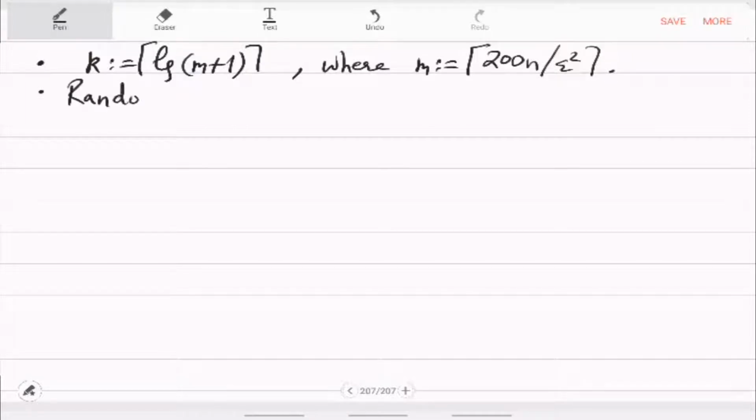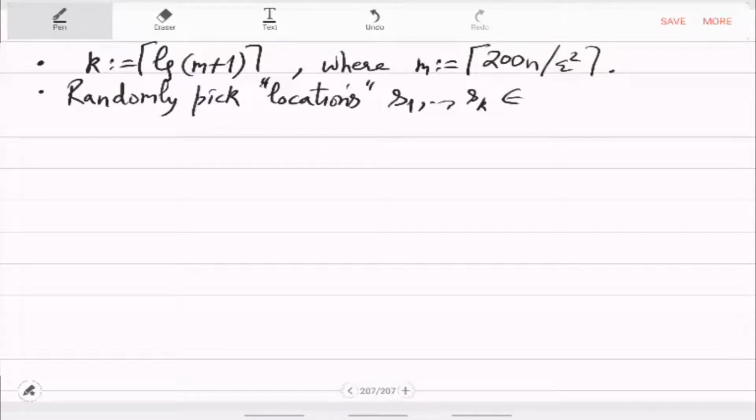So randomly pick points S1 to Sk in the string y. These are n bit strings, k many, randomly picked, and guesses sigma 1 to sigma k.